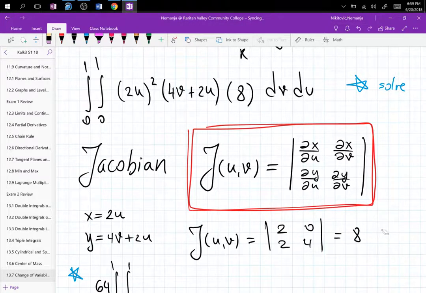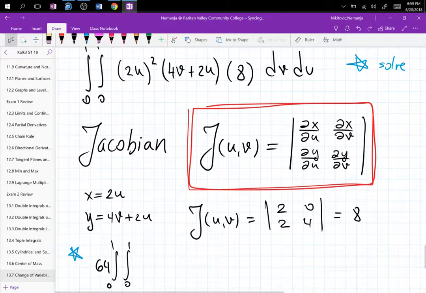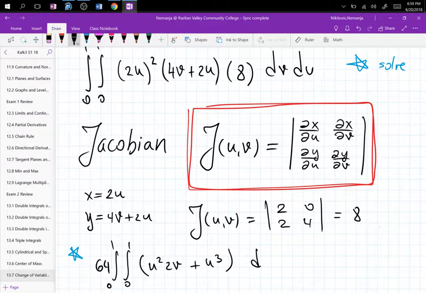Now what's left is u squared times 2v, and then 2 is out, plus u cubed, dv du.